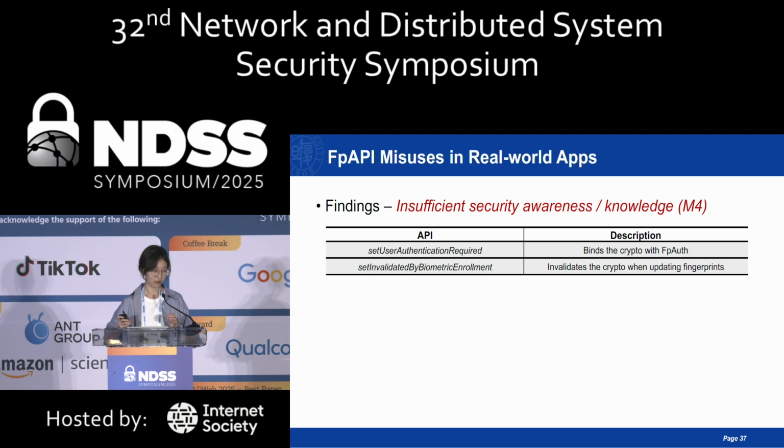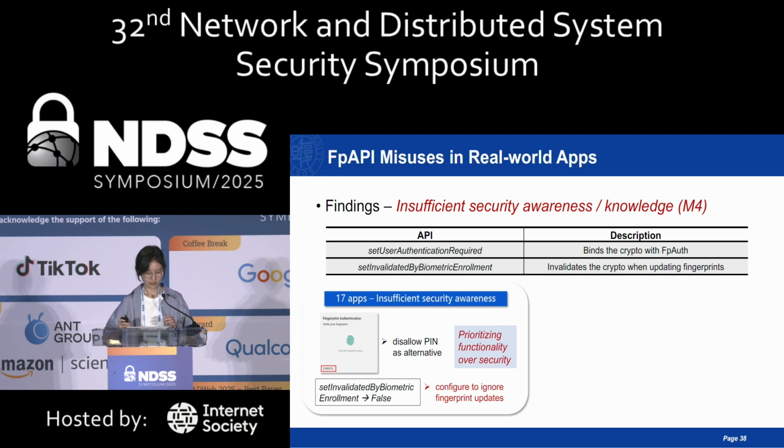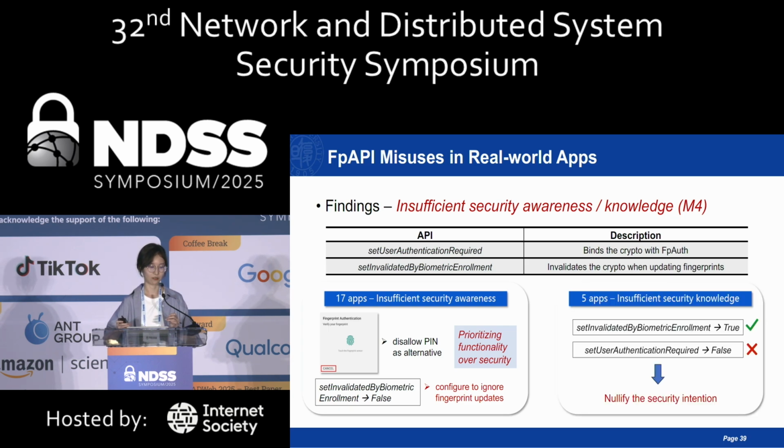There are some interesting findings here. Some developers seem to prioritize functionality over security. For instance, 17 apps don't allow PIN as an alternative, but they deliberately ignore fingerprint updates. And 5 apps show a lack of security knowledge.